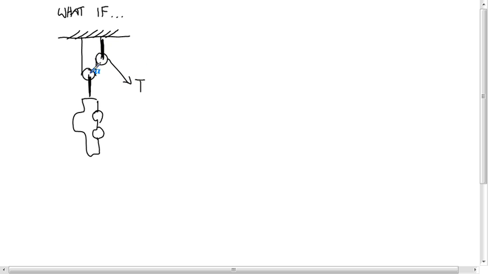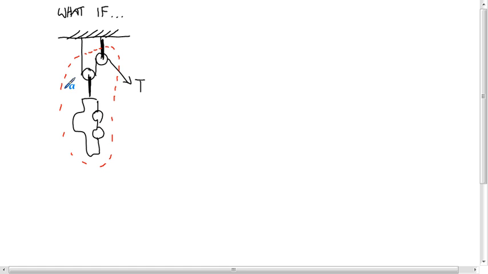So what if instead of cutting through the cable here and here, we do this? Okay, that's perfectly legal to do.